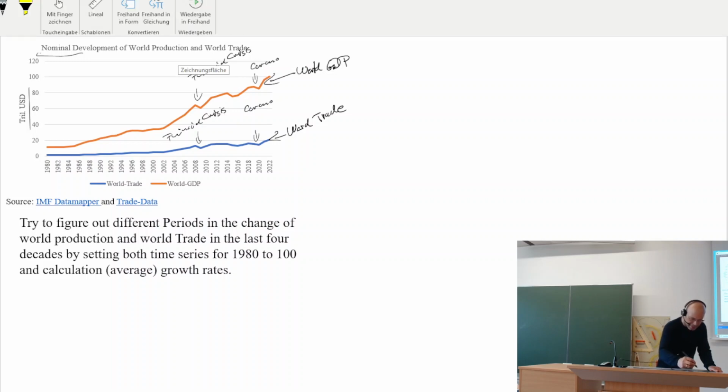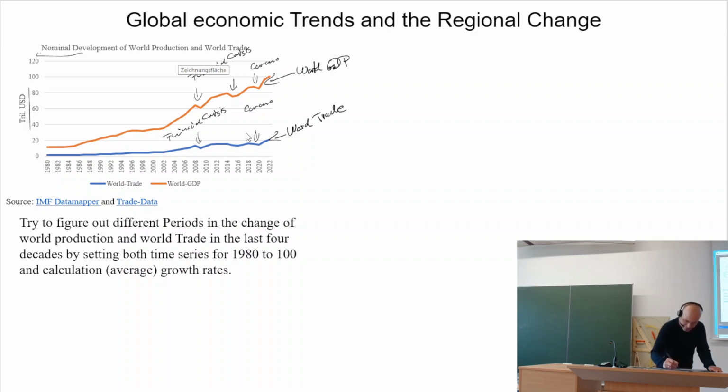Do you have an idea what this could be? Because we also have a kink. Actually, I don't think that you could know these. This is only due to, since we are measuring here in US dollars, this was really a large depreciation of the US dollar.